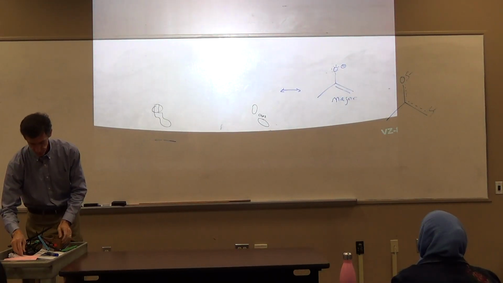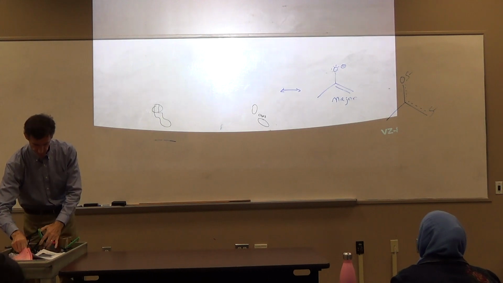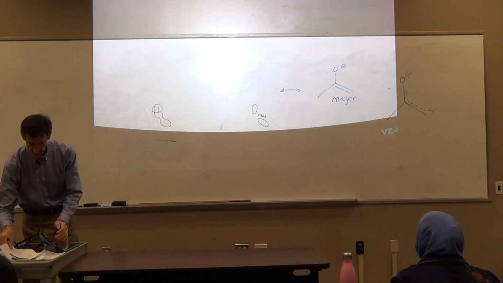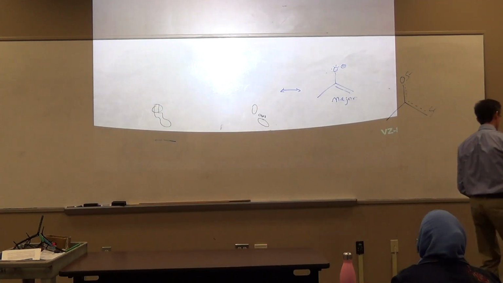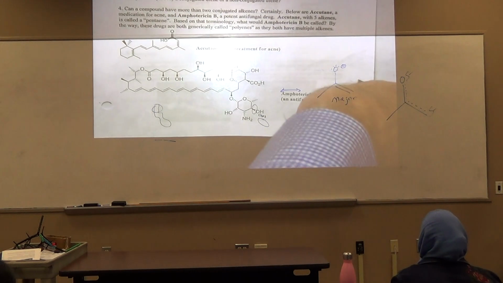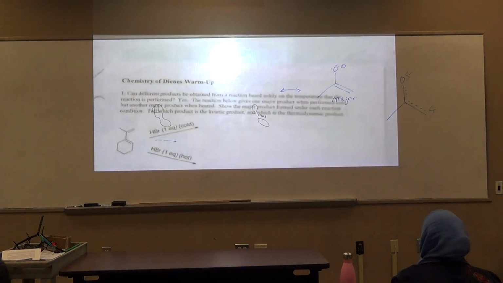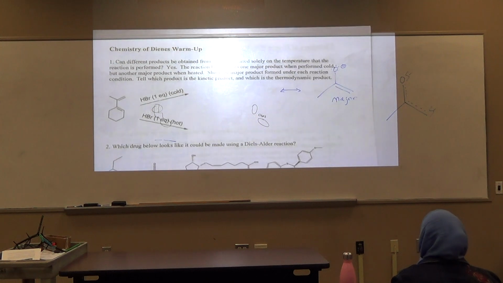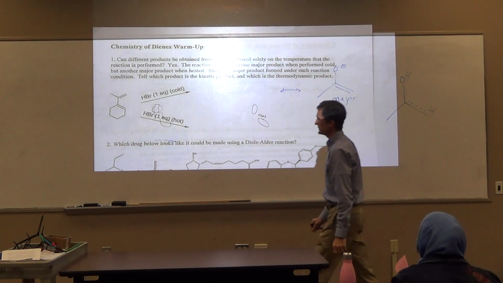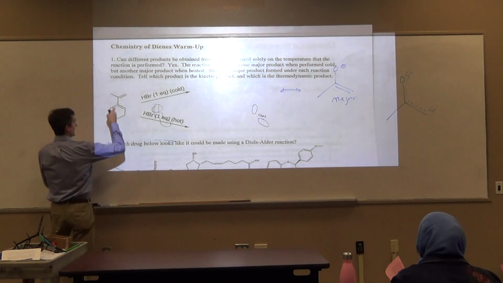All right, need to push through resonance there. I'll look for the email with the answer key. Chemistry of Dienes. One more page. What we'll see is, okay, we've got a diene here.